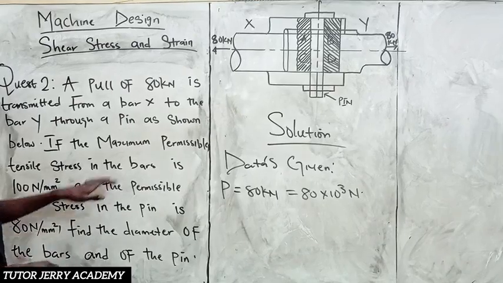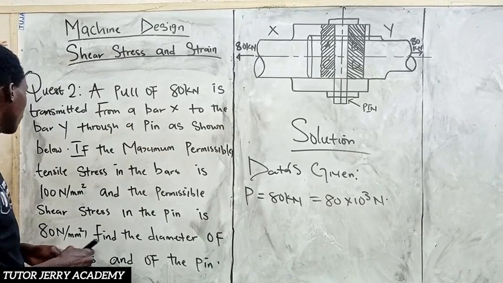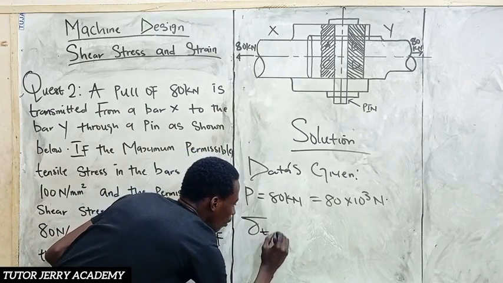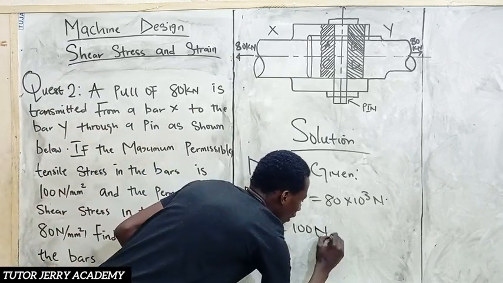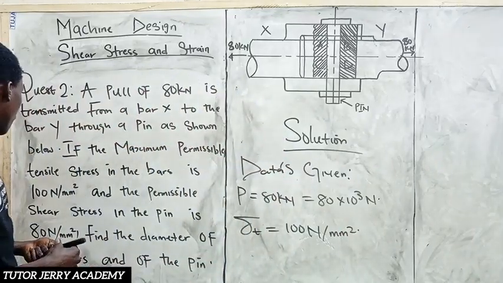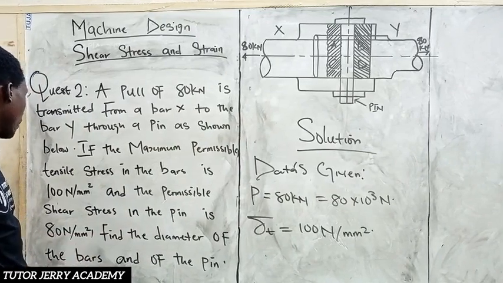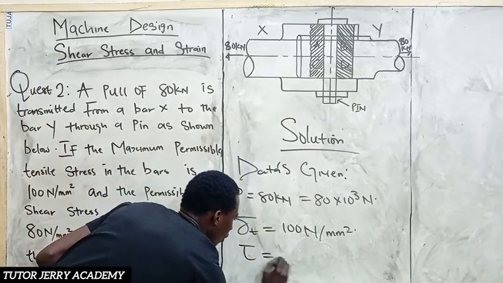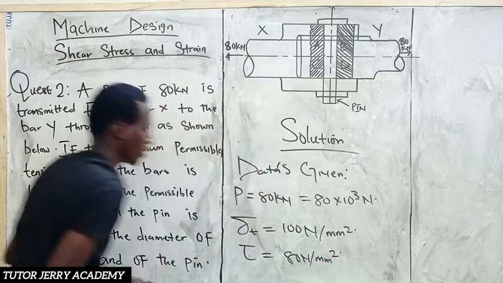We have a maximum permissible tensile stress of 100 Newton per millimeter square. Now, we also have a permissible shear stress of 80 Newton per millimeter square.